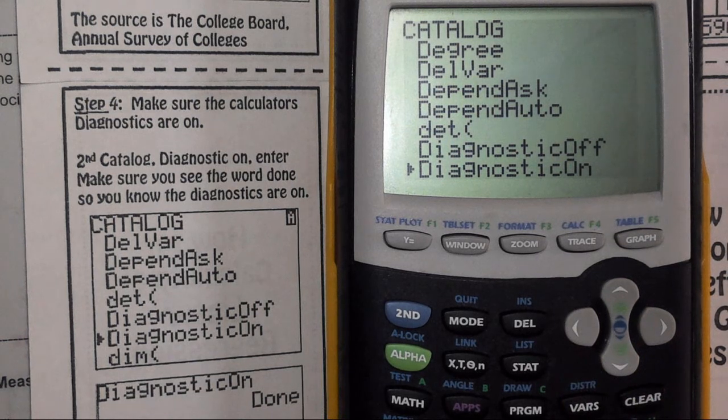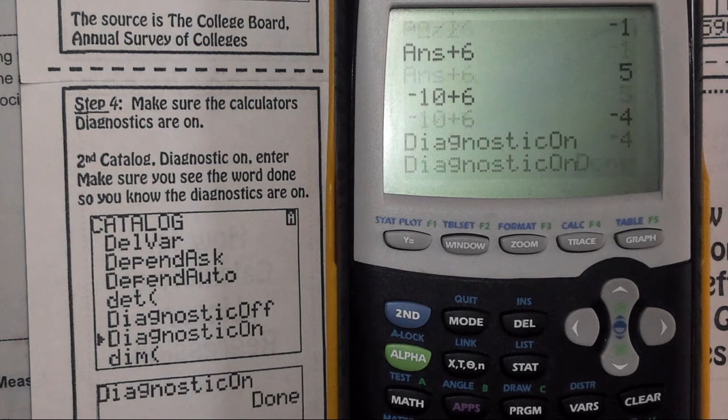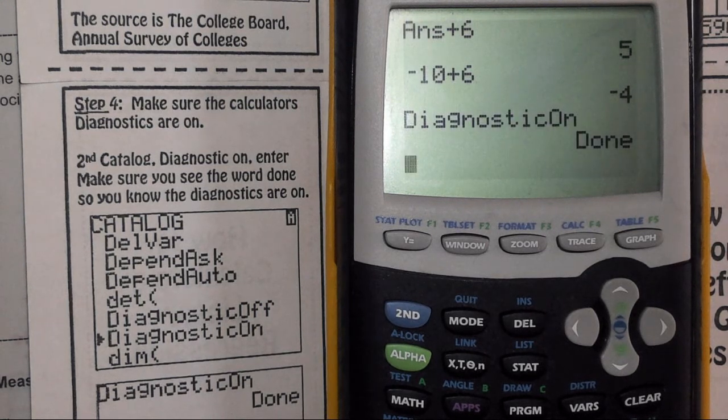Okay, and we're going to turn diagnostics on. If your calculator is your own calculator from here on out, that shouldn't have to be a step, but if you're using one of my calculators, which are used by the mini, then this might be something you need to check. Diagnostics on. Is that going to affect other classes? It should not, but if so, second catalog diagnostics off.